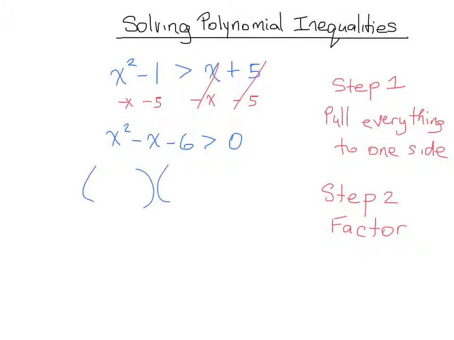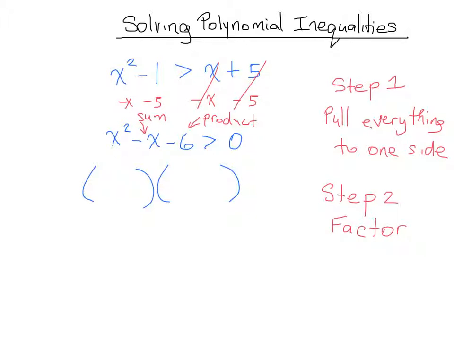So if you recall, we're going to be looking for two numbers that multiply to give us our C and add to give us our B. So our two numbers in this case have to have a product of negative 6 and a sum of negative 1. So can you think of two numbers with a product of negative 6 and a sum of negative 1?